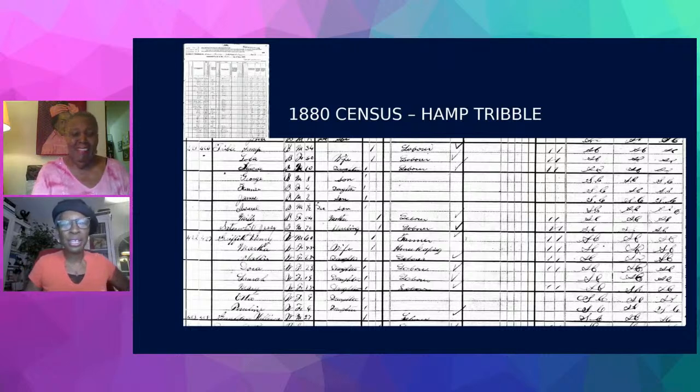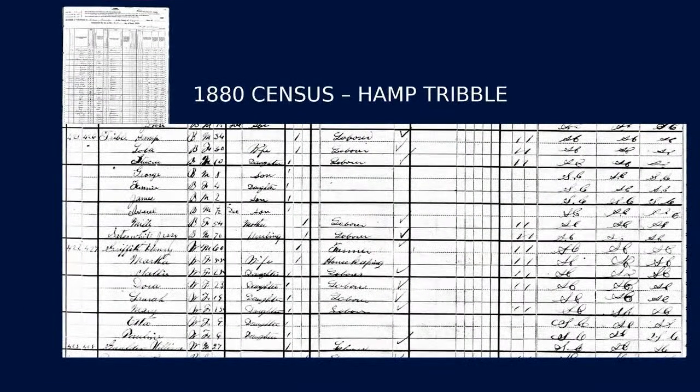So here's him in the 1880 census. Tell us about him. So Hampton's there with his wife, and as they just mentioned, you have to be careful. Her name was Nora. It was transcribed as Lola, and his five children of the first set: Stacy, George, Fanny, Israel, and James.